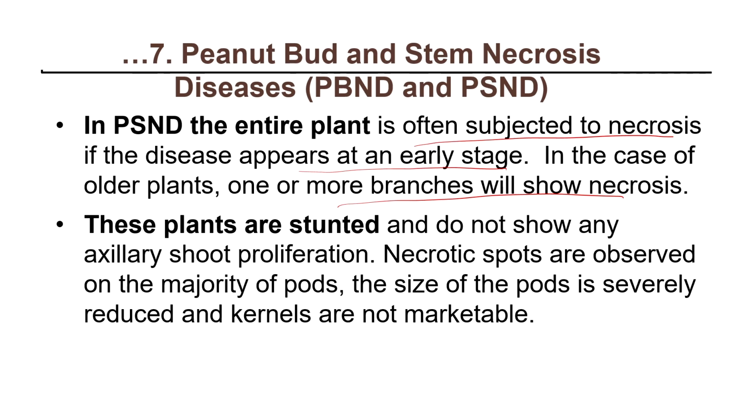Stunted means their height is reduced or they are dwarf, and do not show any axillary shoot proliferation, means lateral branching may not be there. Necrotic spots are observed on the majority of pods. The size of the pod is adversely reduced and kernels are not marketable. So, you can see sometimes there can be huge loss to the quality of the crop as well as to the quantity of the crop.